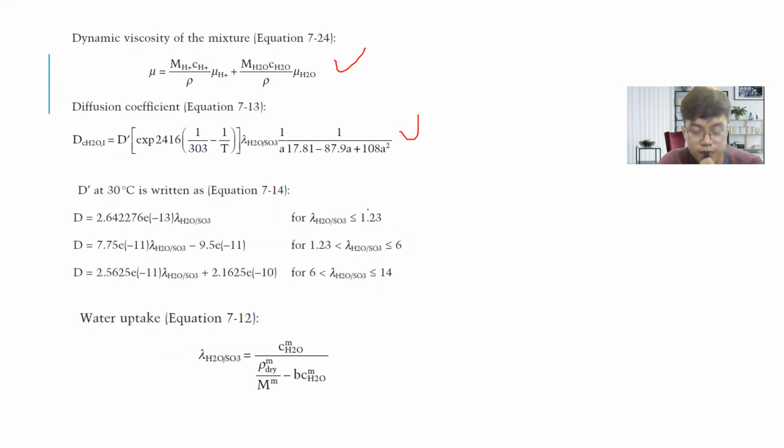If the lambda value is below or equal to 1.23, the formula of the diffusion coefficient is as below, and for between 1.23 and below 6, this is the equation, and the last one is for over 6 and below 14. And the last one is for lambda. Lambda is water uptake. For the water uptake, we can calculate with this formula.